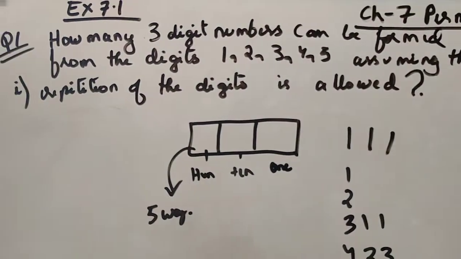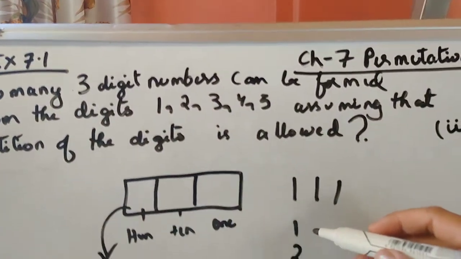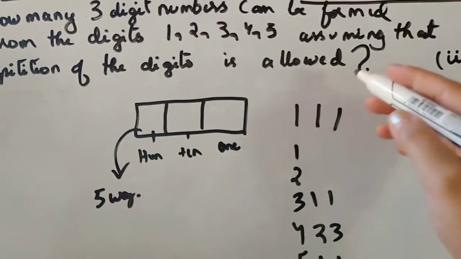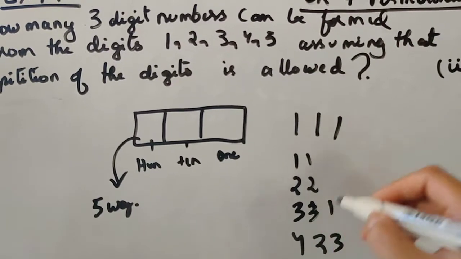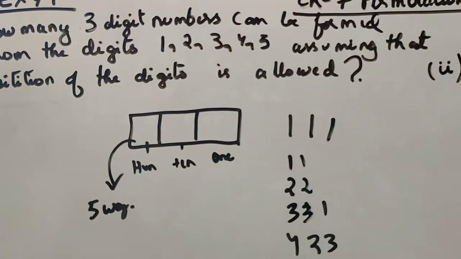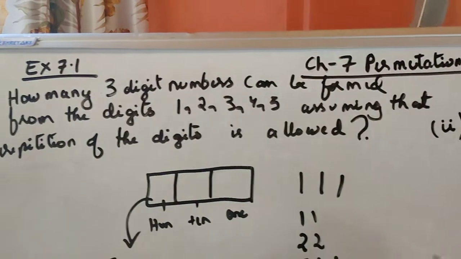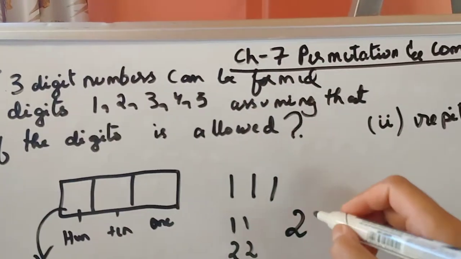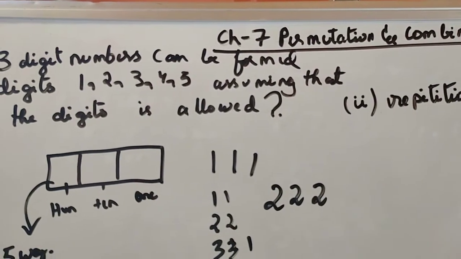Now in the second place also, this is the second place, here also you can choose 1, 2, 3, 4, 5, anything, because repetition of the digits is allowed. If I have taken 2, then here also I can take 2, and in the 1's place also I can use 2.